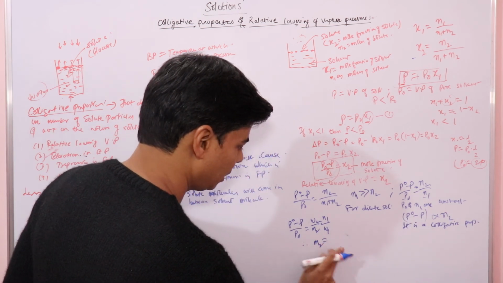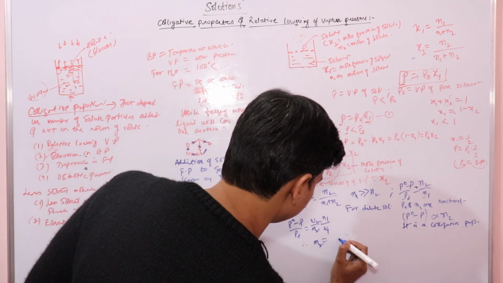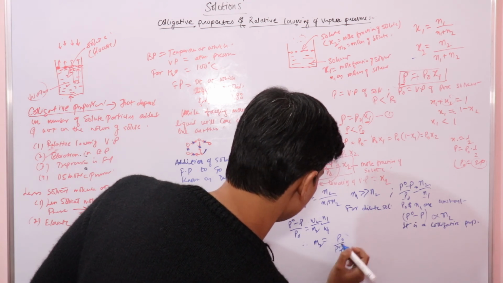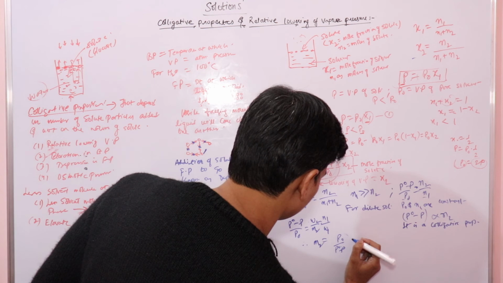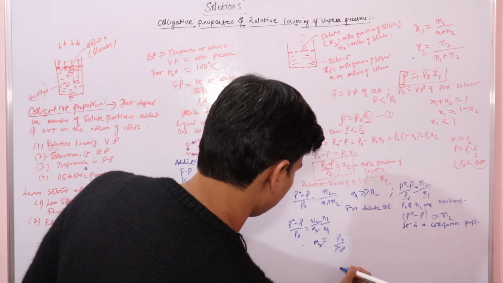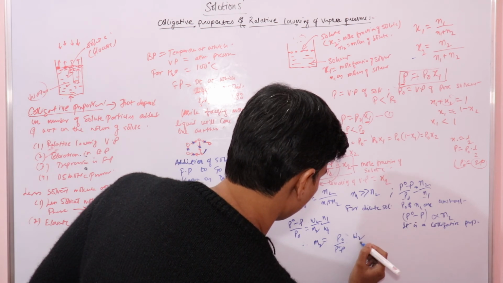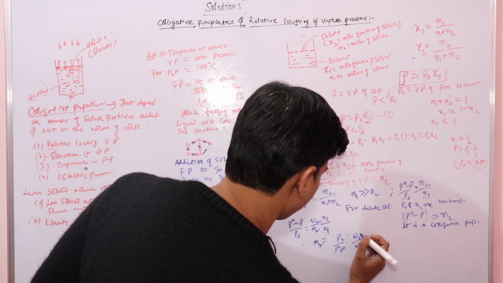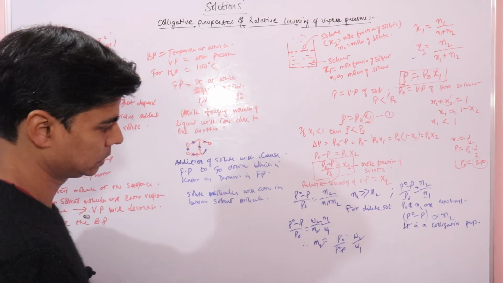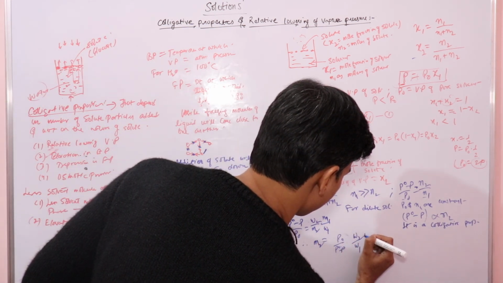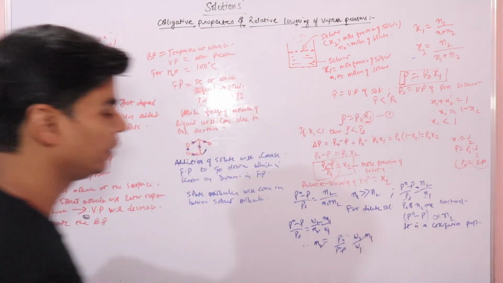I'm sorry, M2 would be P0 upon (P0 - P), times W2 upon W1, times M1, which is the molecular weight of the solvent.